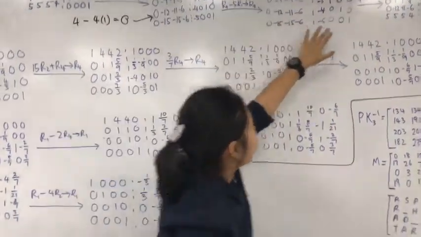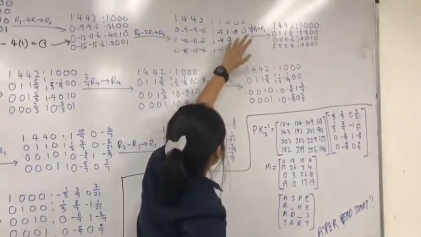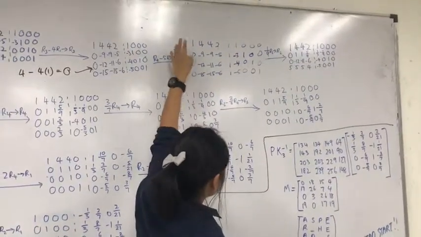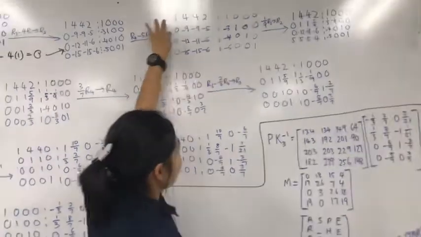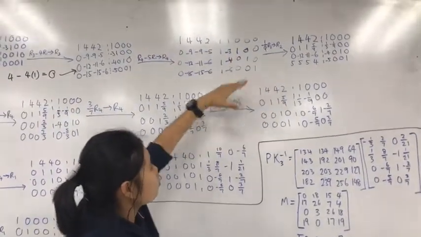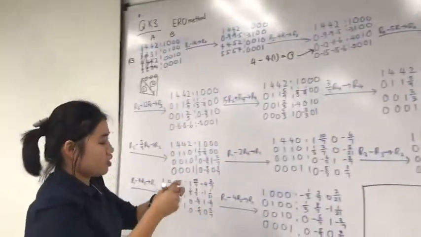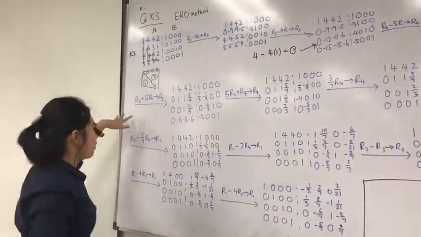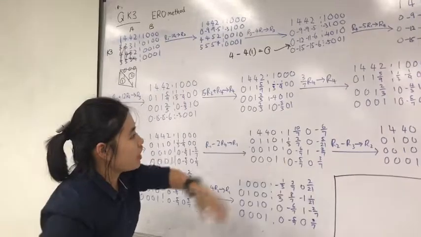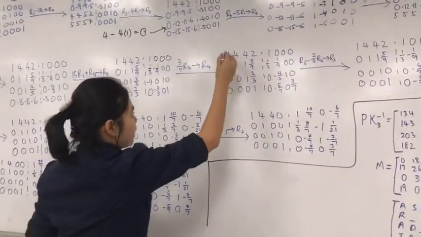And continue with negative 1 over 9 times row 2, and I will get another new row 2. So it follows the working like this, and then I will finish the lower triangle at this part.